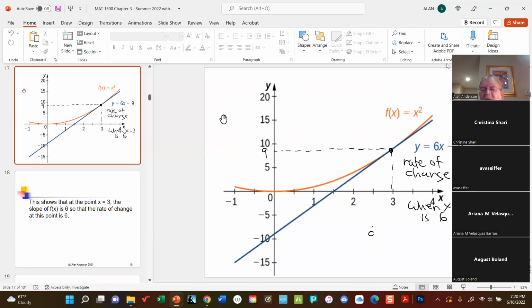And it also means the derivative of the function, which we'll define more formally in a few minutes, is 6.